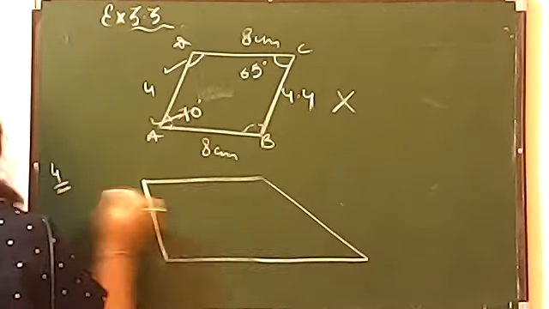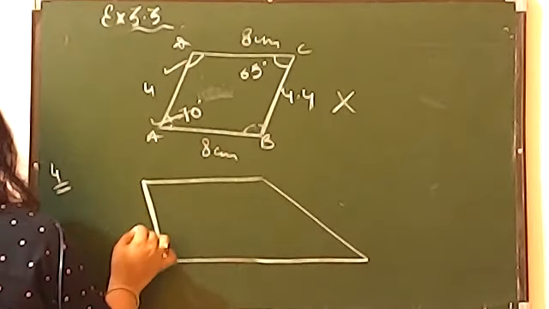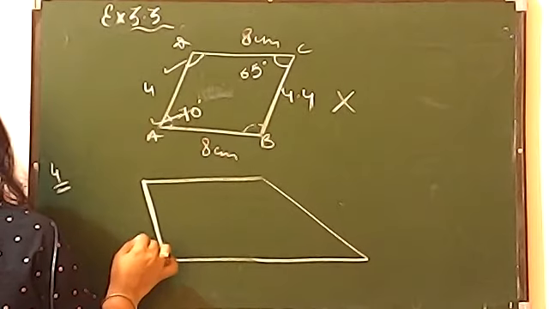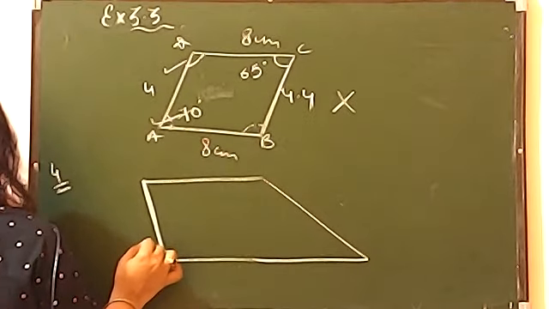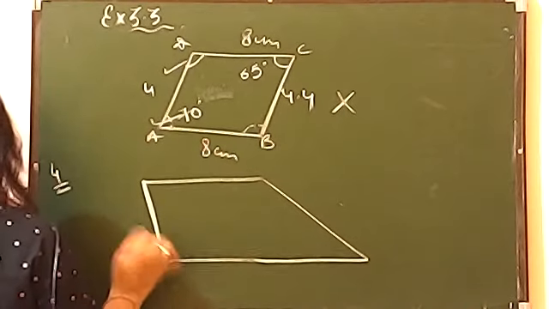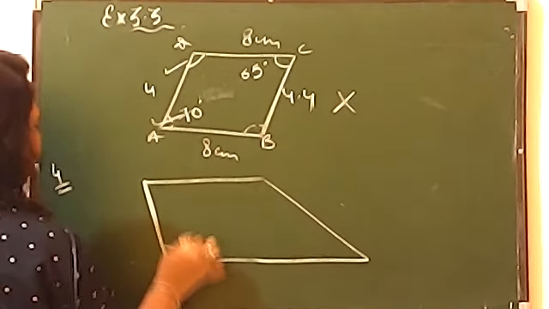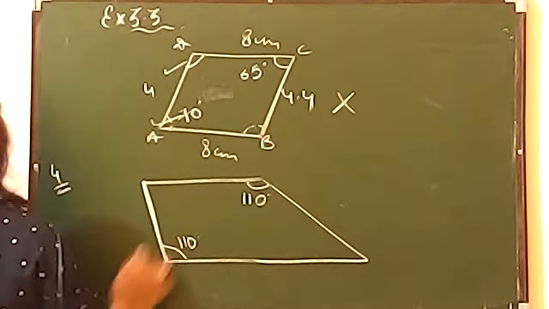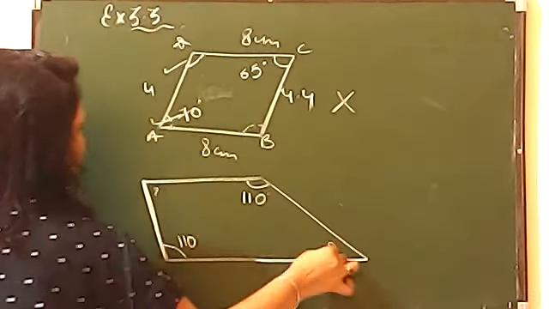Question number 4. Draw a rough figure of a quadrilateral. It is not a parallelogram but has exactly two opposite angles of equal measure. Two opposite angles. So this is 110. This will also be 110. But remember, these angles are not equal.